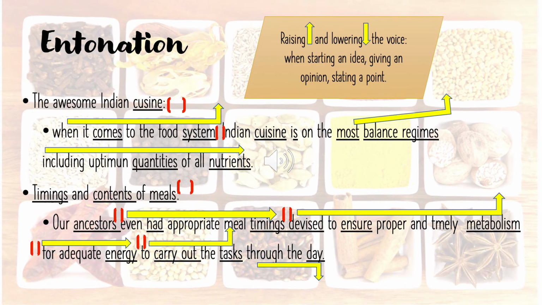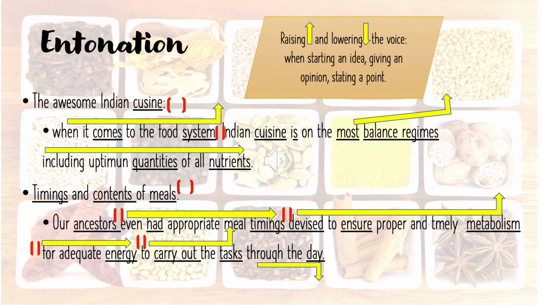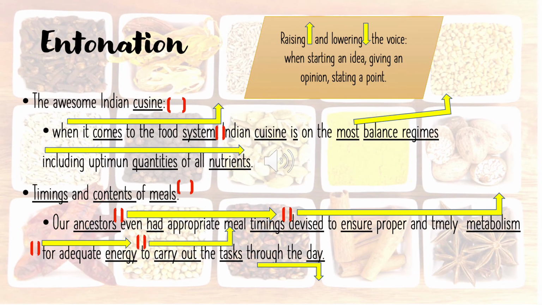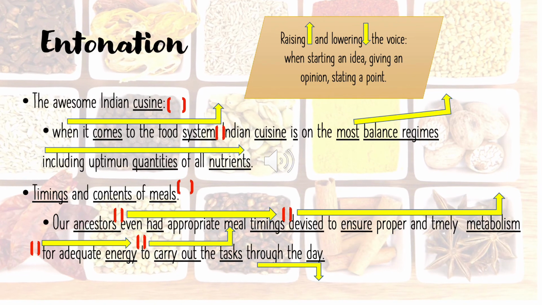Okay, here we go. The awesome Indian cuisine. When it comes to the food system, Indian cuisine is one of the most balanced regimes, including optimum quantities of all nutrients, timings and contents of meals.